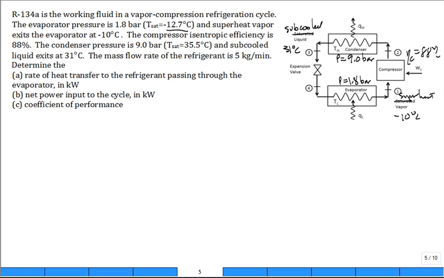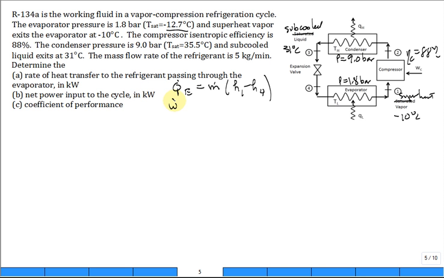Now the refrigerant flow rate is 5 kilograms per second. What is the rate of heat transfer to the refrigerant passing through the evaporator? That's Q dot E, and that's going to be the mass flow rate times enthalpy 1 minus enthalpy 4. True? We've solved a problem like this before, and that's the equation. What is the net power to the cycle?